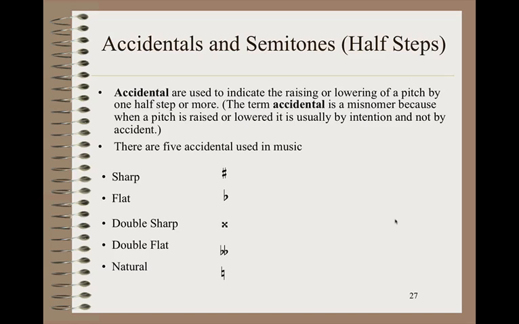But anyways, that's what they're called. They're called accidentals. And there's basically 5 of them. There's the sharp sign, the flat sign, the double sharp. There's the sign for the double sharp, not 2 sharps together, but an X, and a double flat with 2 flats, and then a natural sign that kind of looks like an L7.